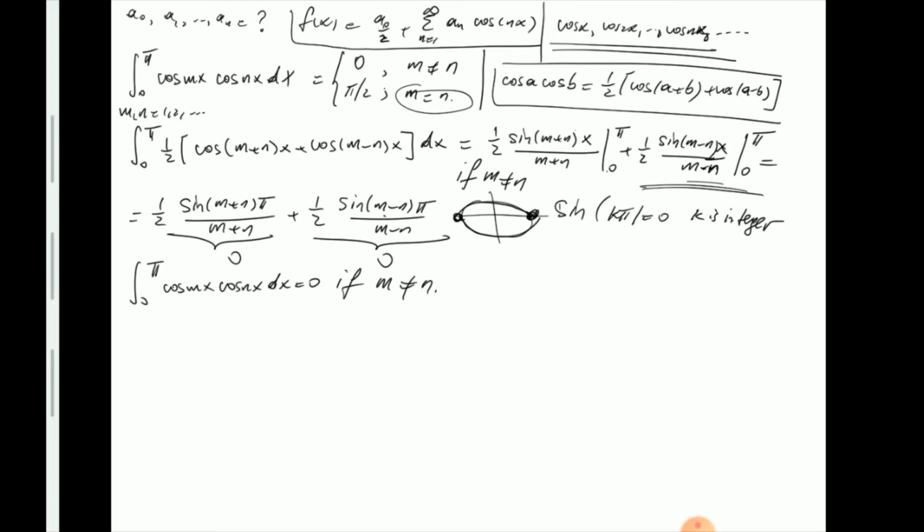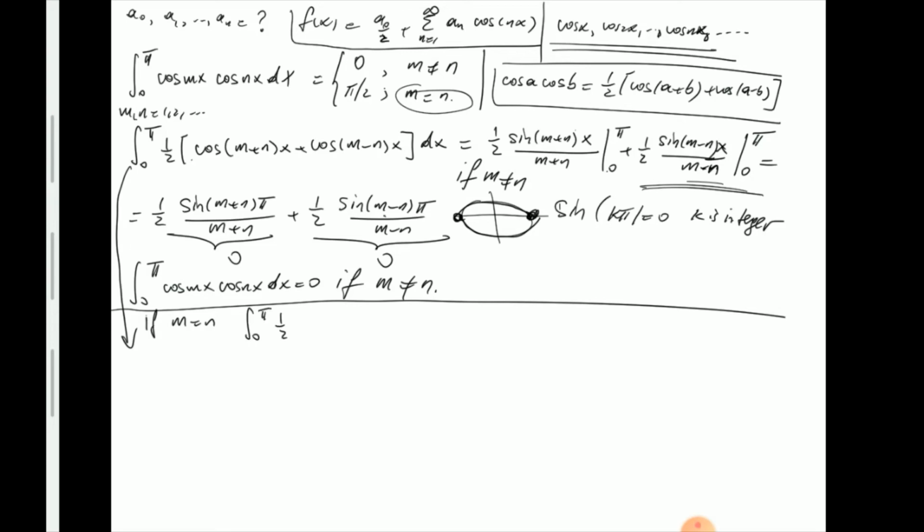Okay, so what happens if m is equal to n? Well, we just have to go back to the original term. When we apply that formula, if m is equal to n, let's just write n instead of m. Then the stuff to integrate is going to be 1/2 cosine of 2nx plus cosine of 0 times x, which is just 1. The first half is the same as before.